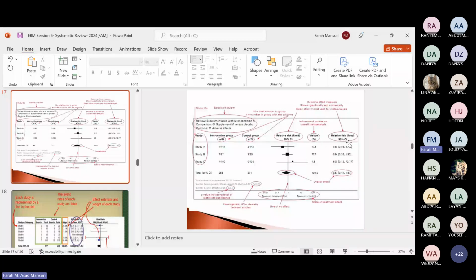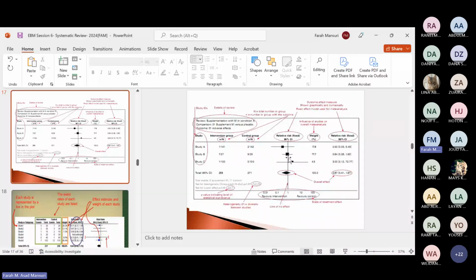And this is the outcome effect measure, relative risk. And what is this? As we saw, this black diamond shape is the pooled effect or the overall effect. In this example, you can see one study is on the intervention side, favoring intervention.